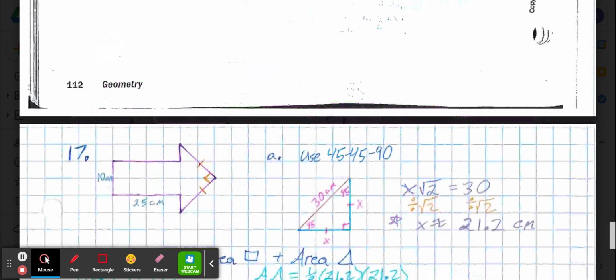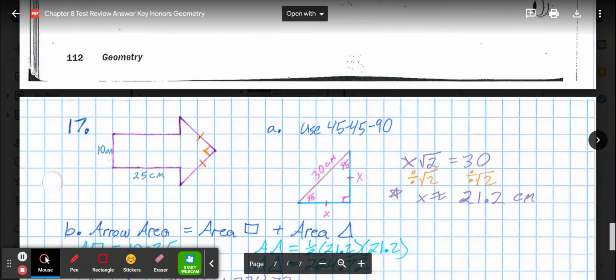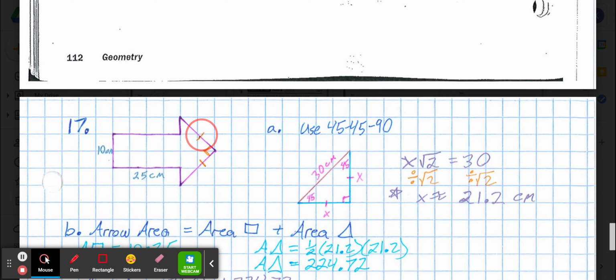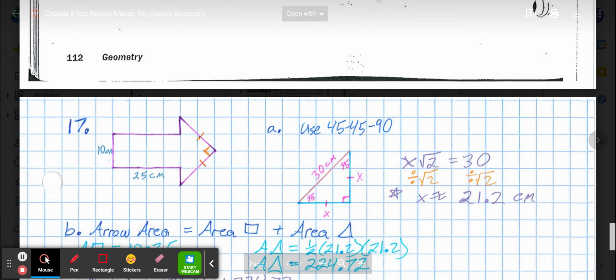So let's go down and look at 17. So we know that this is an isosceles right triangle, meaning my two legs are the same. Isosceles right triangles are 45, 45, 90 special right triangles. So I know my 45 and 45. So we know we have a 45, 45, 90 triangle, hypotenuse of 30, and both side lengths are x.